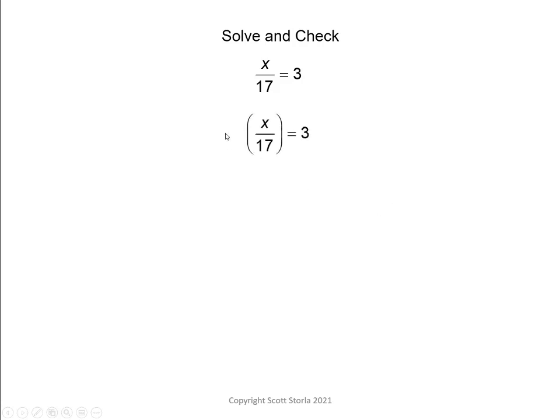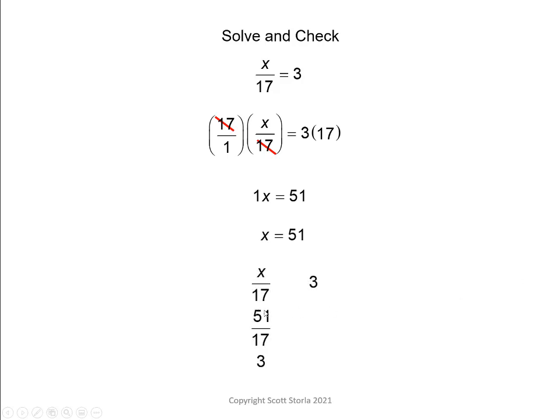On the left, I can reduce my factors of 17 to a factor of 1. And on the right, 3 times 17 simplifies to 51. Now again, here's the important idea. If I have a product with a factor of 1, I can just replace it with the other factor.